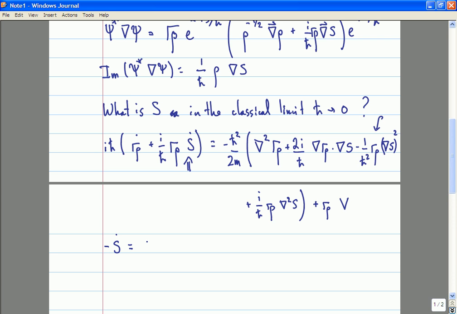This is 1 over 2m times the gradient of s squared plus v. Or, if I want to rewrite this, I could write this as s dot plus 1 over 2m times the gradient of s squared plus v is equal to 0.